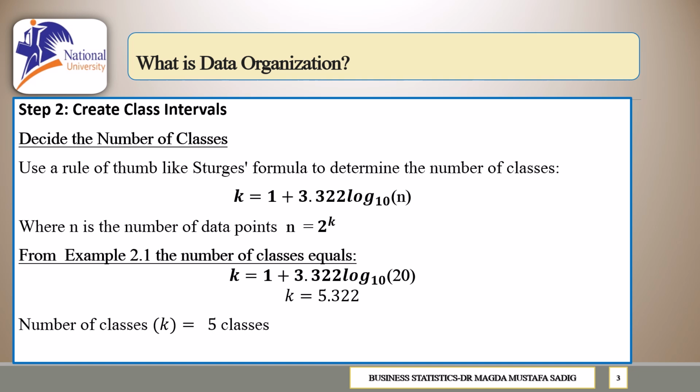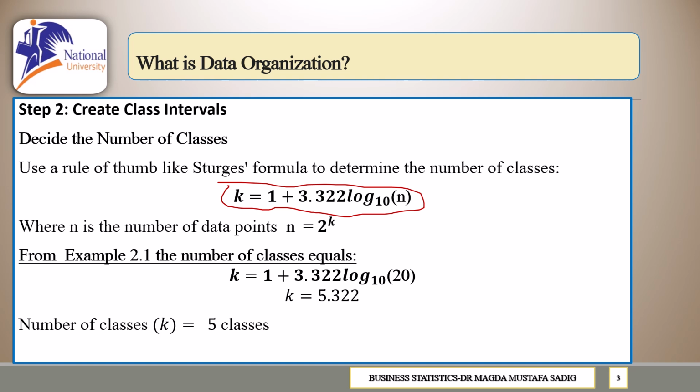One commonly used guideline is Sturges' formula. Here small k stands for the number of classes, and Sturges' formula says that k, the number of classes, should be equal to 1 plus 3.322 log 10 of N, where N represents the number of observations and k represents the recommended number of classes.